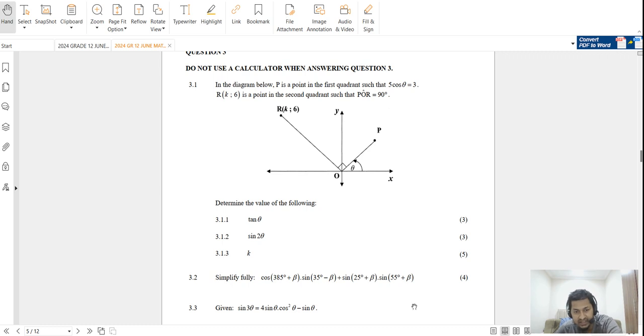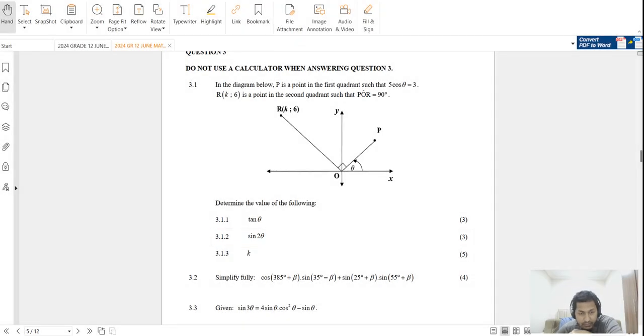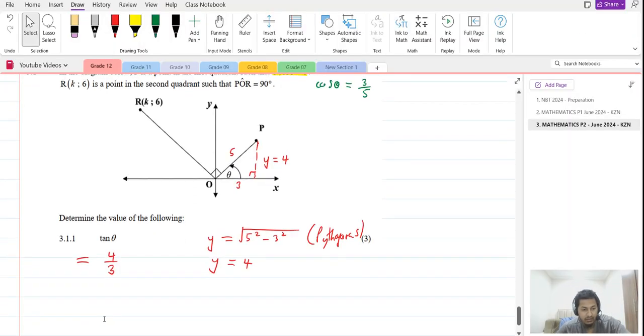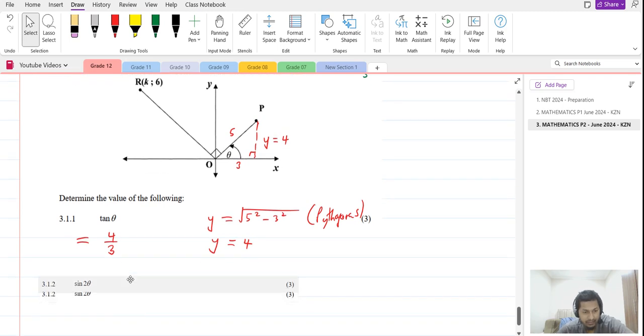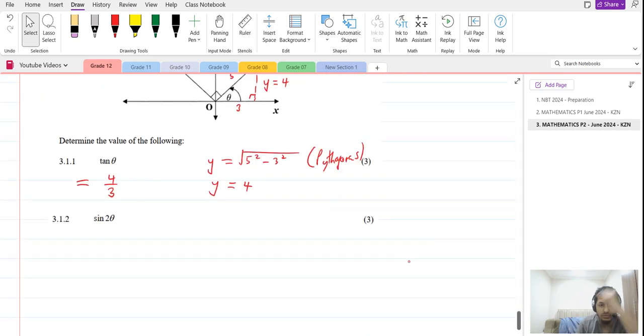What is sine 2 theta? Sine 2 theta is, yes, you have to remember that's a double angle, so you need to expand that. So that's 2 sine theta cos theta.